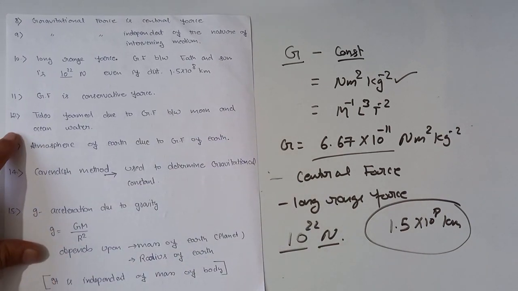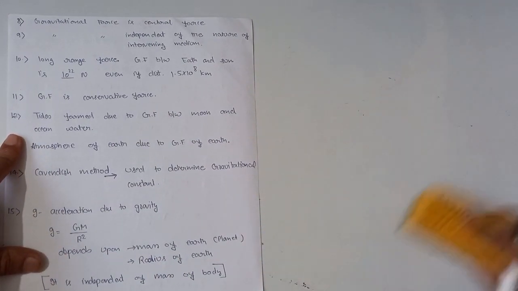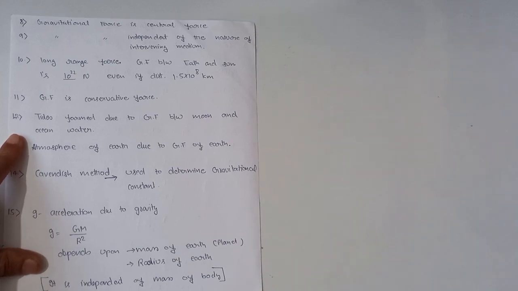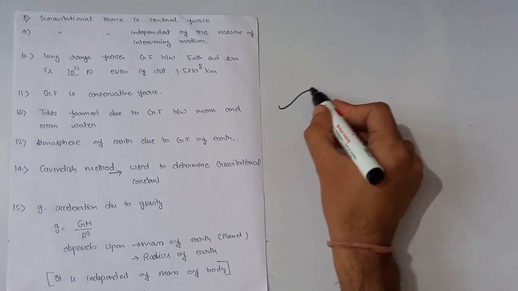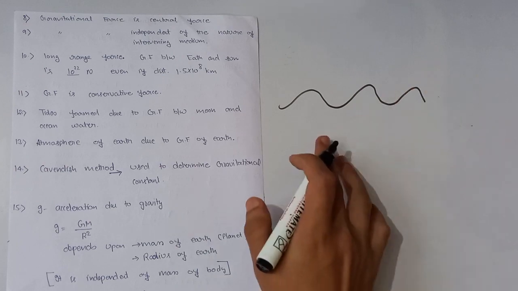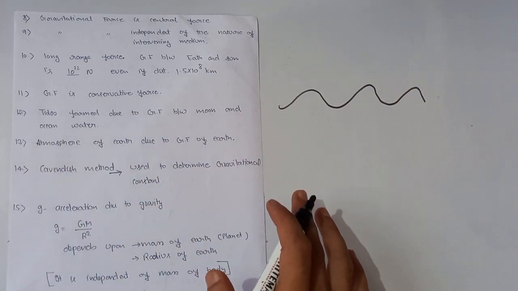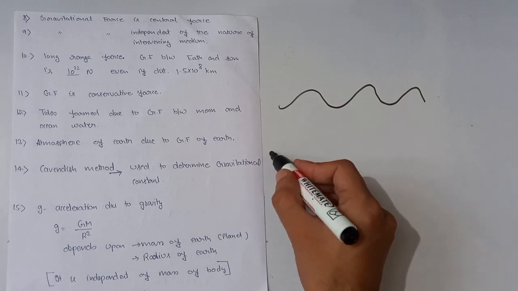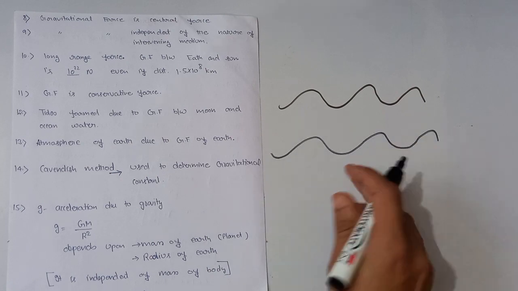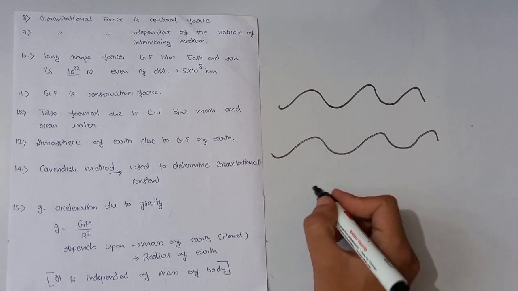Now our next important key point is tides formed in sea. Tides formed in the sea are due to the gravitational force between the moon and the ocean water.